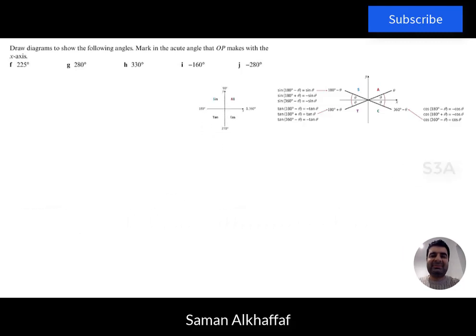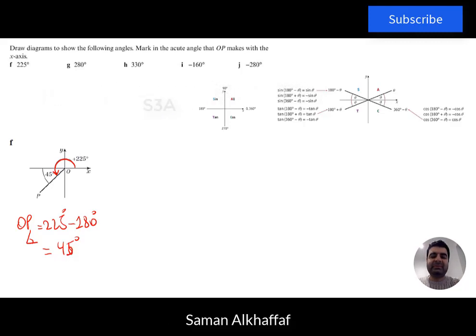And now to plot the positive 225 degrees, we move in the anti-clockwise direction, and we can see here that it goes past 180 degrees. The angle of OP will come from 225 degrees take away 180 degrees, which will give us 45 degrees with the x-axis.